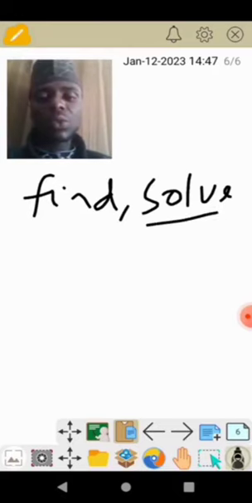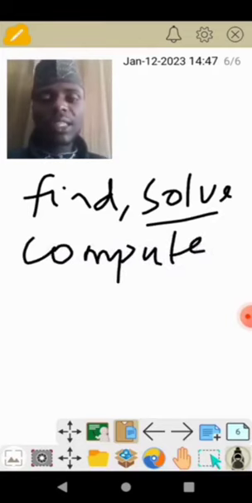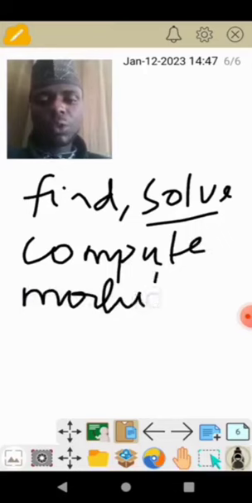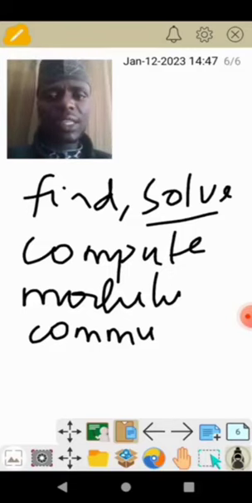Maybe they will ask you to compute, differentiate, and the rest. Also among mathematical vocabulary are words like modulo, commutativity, associativity, probability. All these words are used only within mathematics. So you should be acquainted with these words. Whenever you know these words, I assure you it will be much easier for you. You'll understand mathematics and you will pass your examination with flying colors.